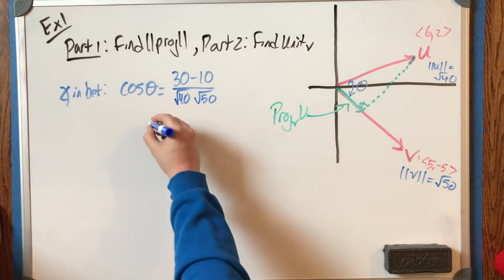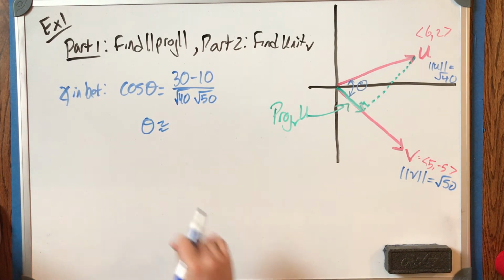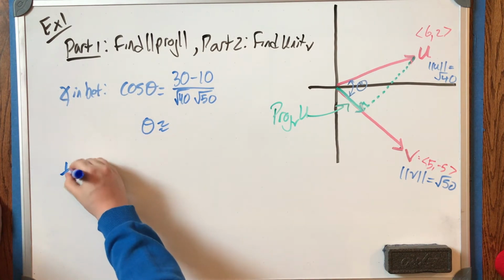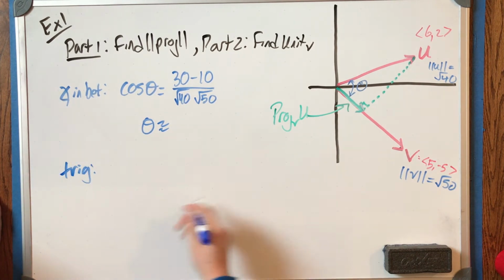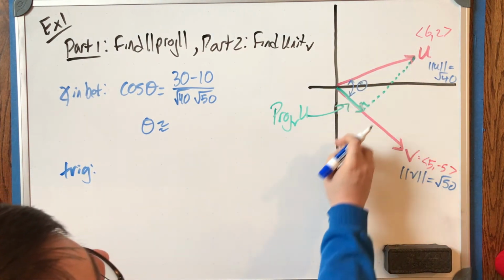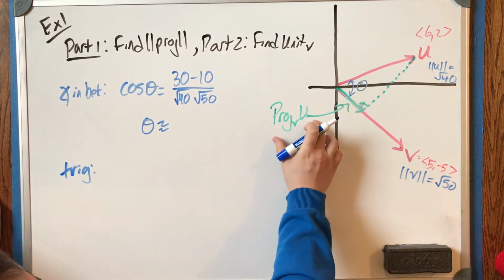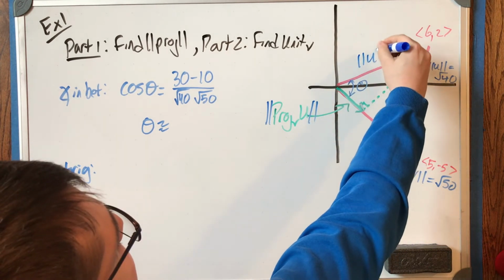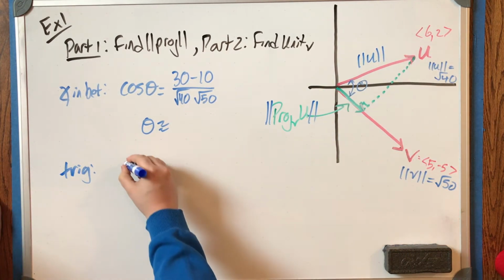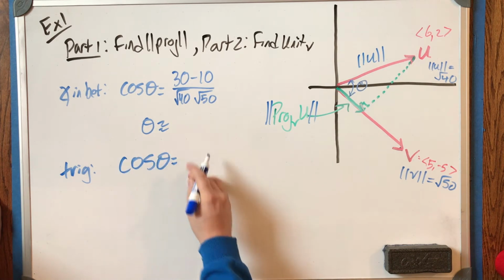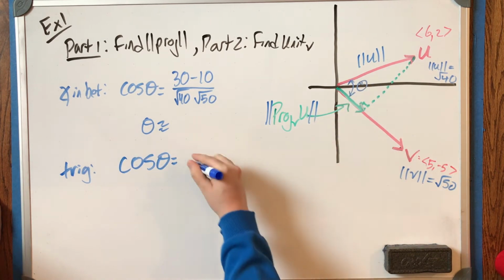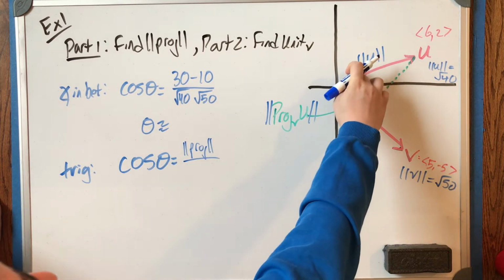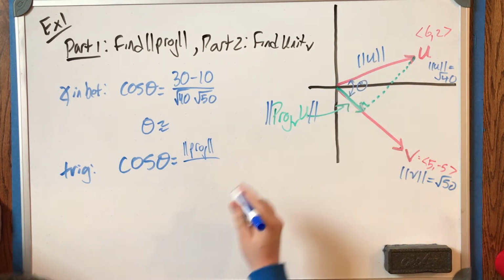So over here, back in this formula, just multiply those together. And now I could figure out what theta is if I wanted to, but I'm not going to bother, because next thing I'm going to do is use trig to set up the same ratio. So in this right triangle, I have theta, I have this is the length of this side, and over here I have the length of u. So I can set up that cosine theta has to equal the adjacent side, the length of the projection, over the hypotenuse, which is the length of u, which we found to be the square root of 40.